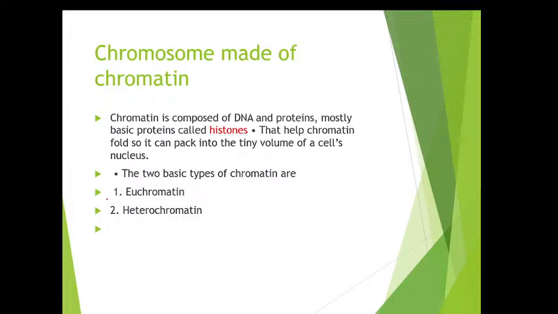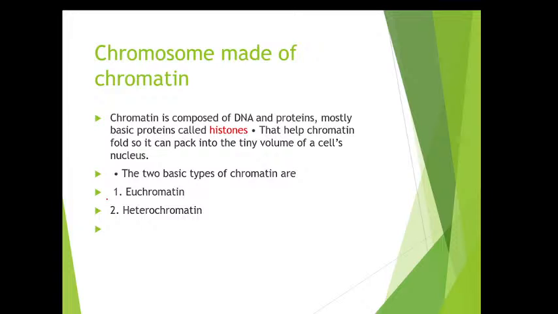The main proteins found associated with the chromosome are called the histones, and the histones are the proteins which help in the tight packing of DNA inside the nucleus. So chromosomes are found inside the nucleus. Chromosome is made up of chromatin. Chromatin is equal to DNA plus proteins. And the main proteins found in the chromatin are the histones.